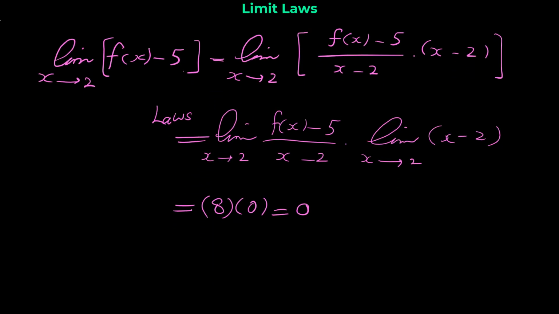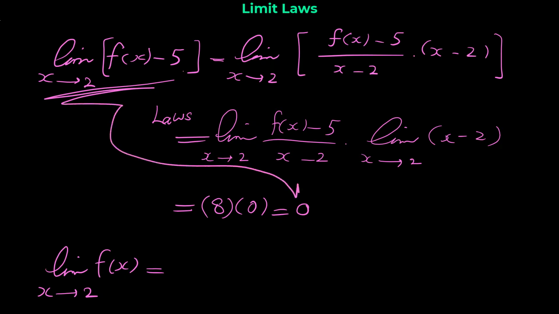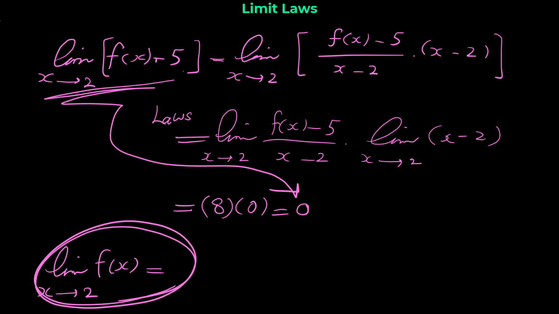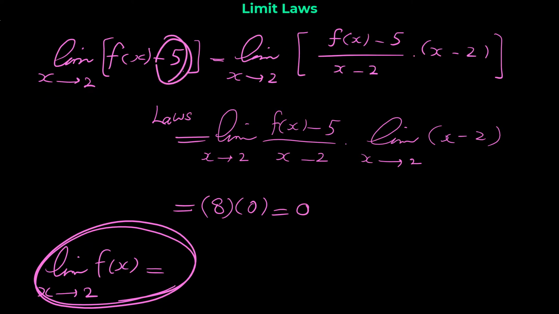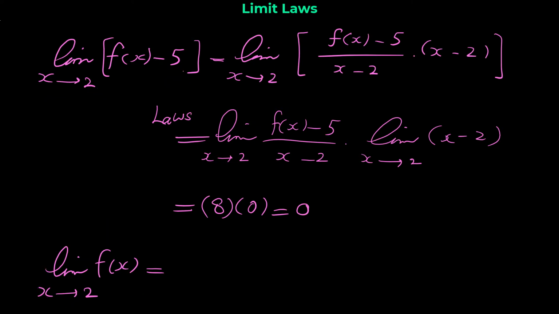Now that I have this result, I am going to find the limit of f(x) as x approaches 2. So far I have this result, the limit of f(x) minus 5 as x approaches 2 is 0. But I want to find the limit of f(x) as x approaches 2. I have to get rid of this negative 5. Maybe you are thinking, okay, let's move the negative 5 to the other side and then the limit of f(x) is 5.